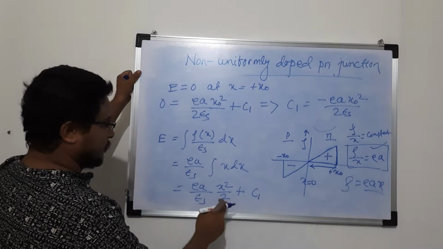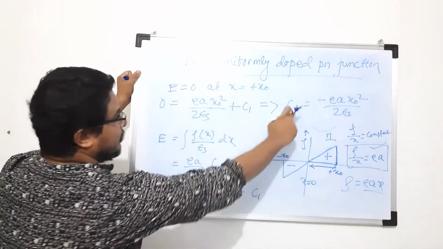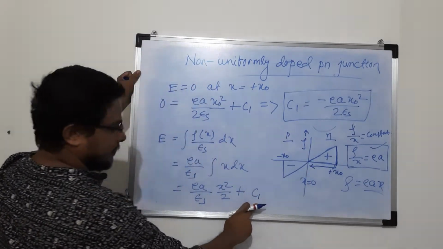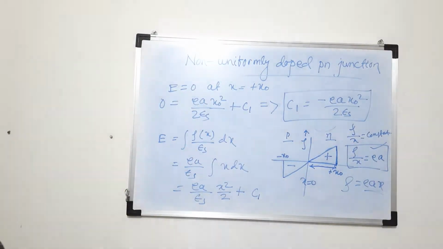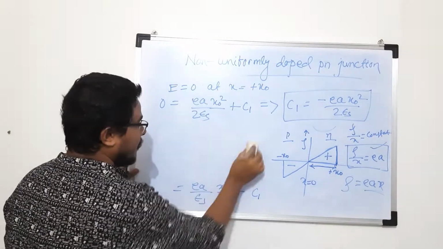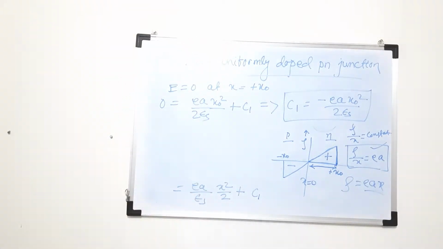Now you substitute here the C1 value that we got, and rewrite what is the value of electric field in the depletion region.